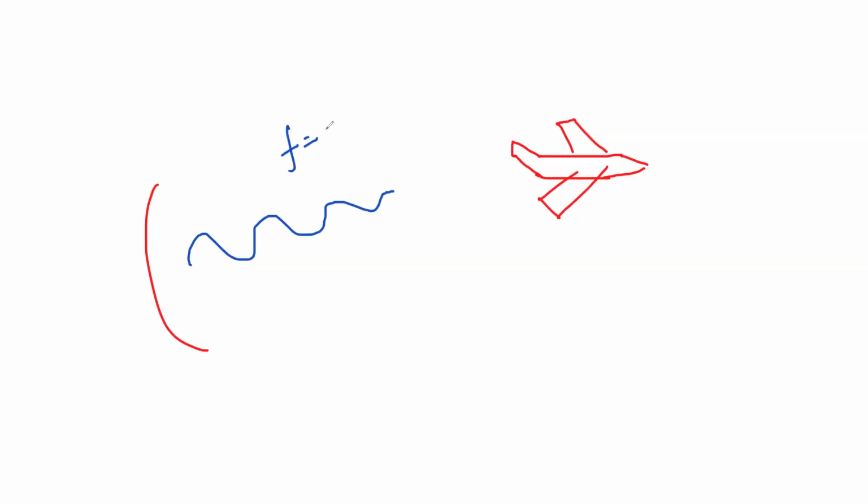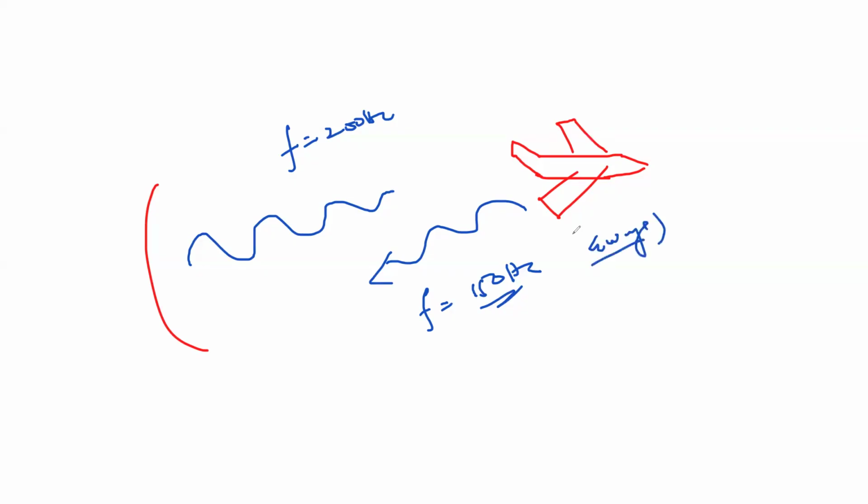It sends 200 hertz, but what is reflected will be a lower frequency, like 150 hertz. So if the reflected frequency appears to have decreased, this gives an indication that the object is moving away.